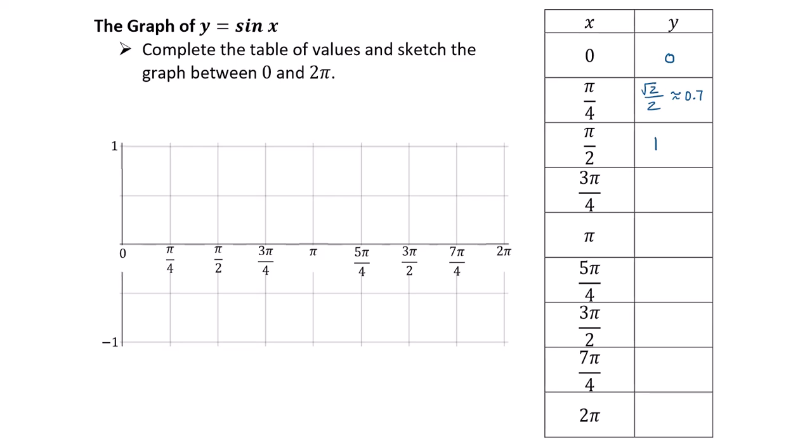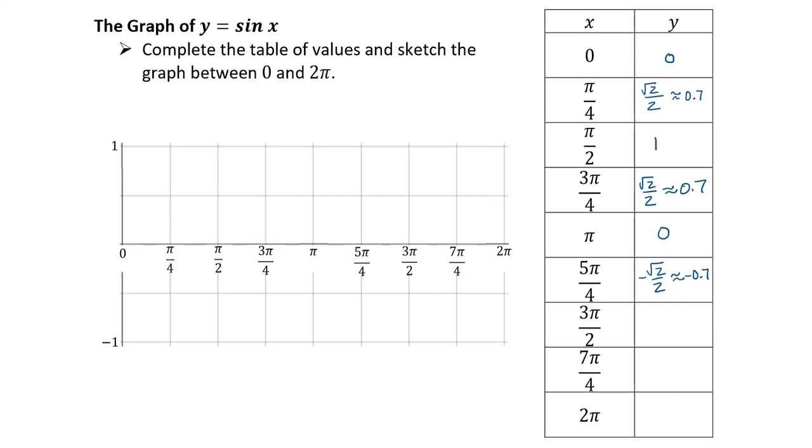The sine of 3 pi over 4 is again square root of 2 over 2, or about 0.7. The sine of pi is 0. The sine of 5 pi over 4 is negative square root of 2 over 2, or about negative 0.7.